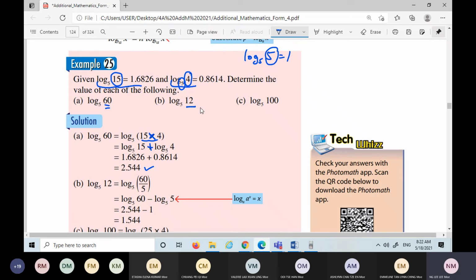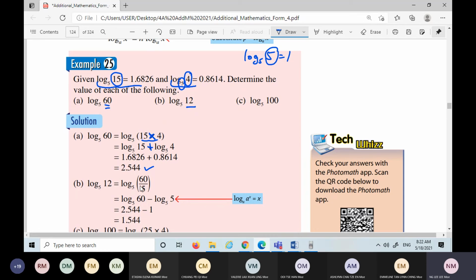Think of the 12. How do we play with the 12? You only have 15, 4, and 5. You see the answer? 60 divided by 5.